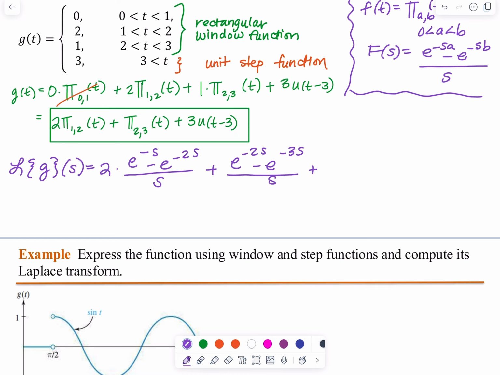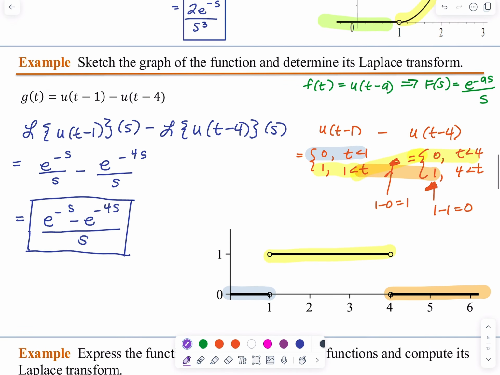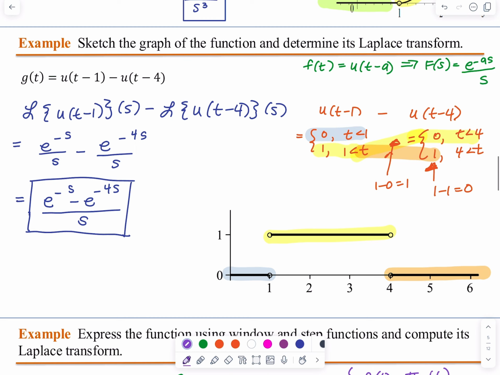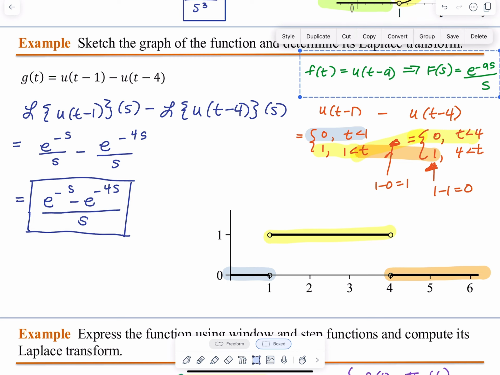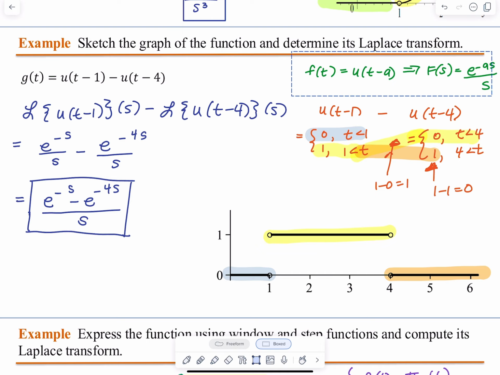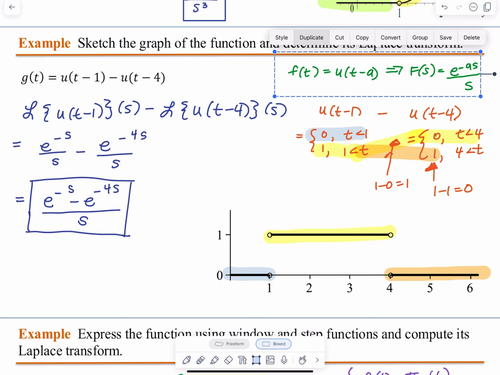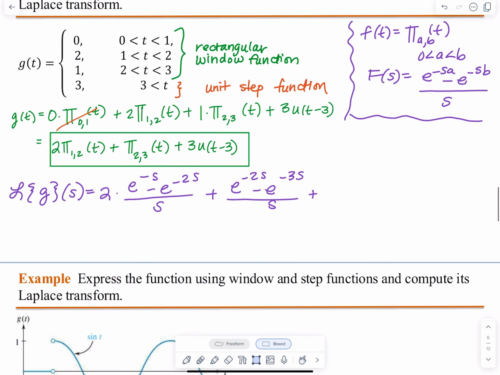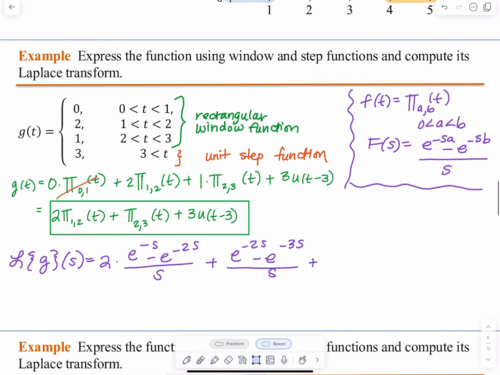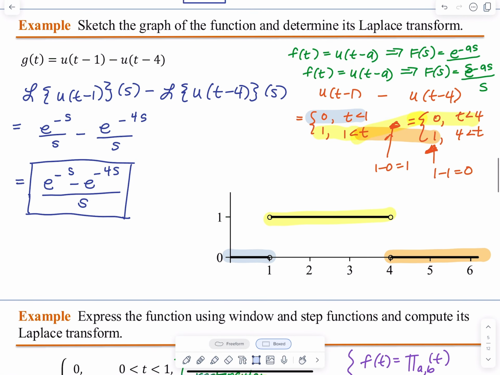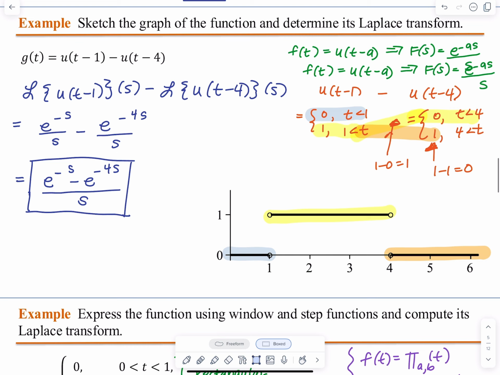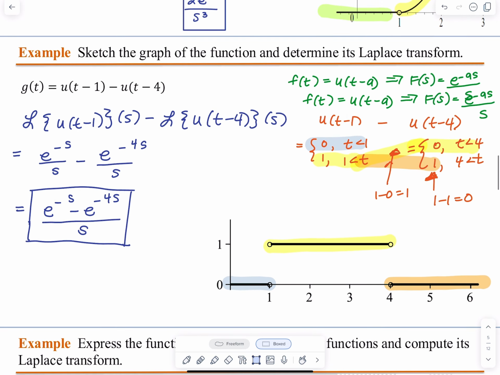u of t minus 3, that Laplace transform. We have that right here, and we will go ahead and use that.